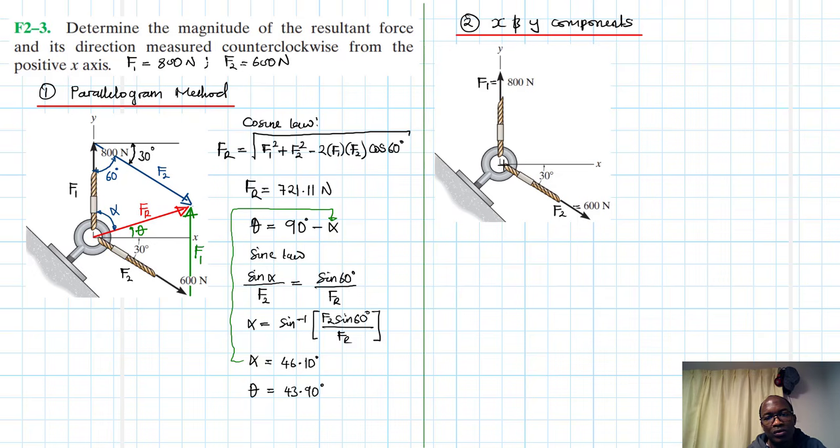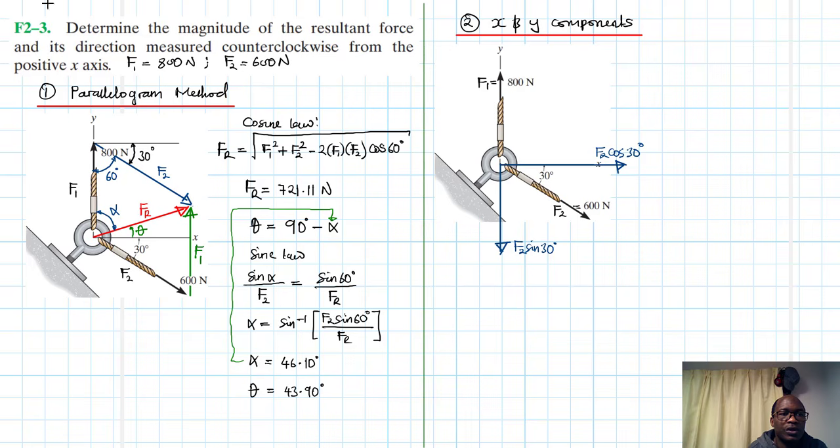Then F2 will have a component in the x axis, and another component in the y axis. In the x, it is F2 cos 30, and this one is F2 sine 30.